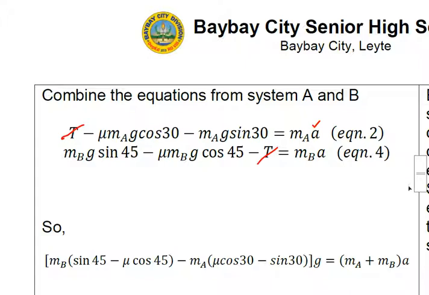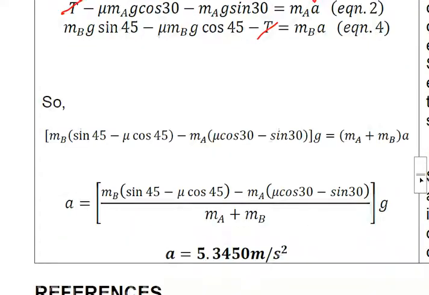Then further do mathematical operations such as simplifying the equation. Then you have here this one, where I just factored out the B in this case.